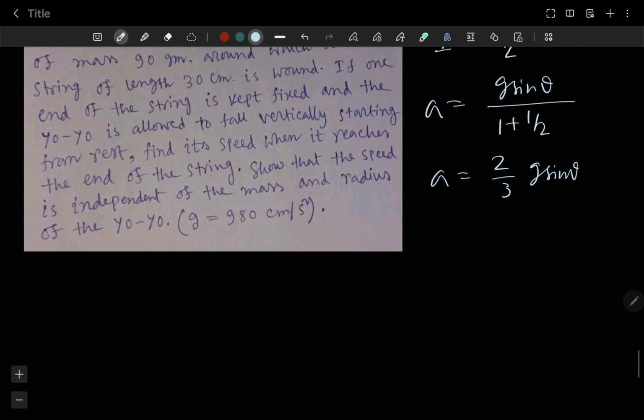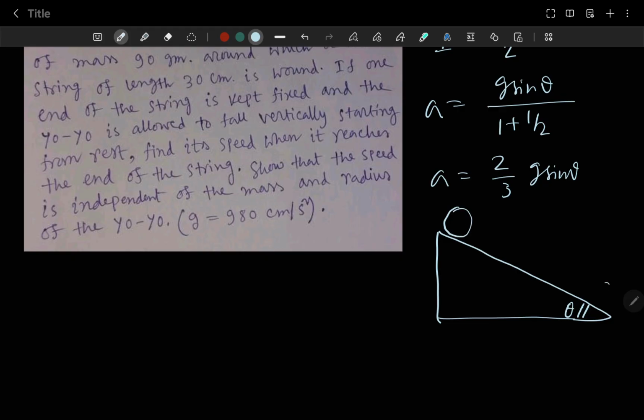Now it's very easy. Say it's theta, so it's rolling down this inclined plane from here to here. So it is covering a distance L with this acceleration, starting from rest. The velocity here becoming v. So what will be v?